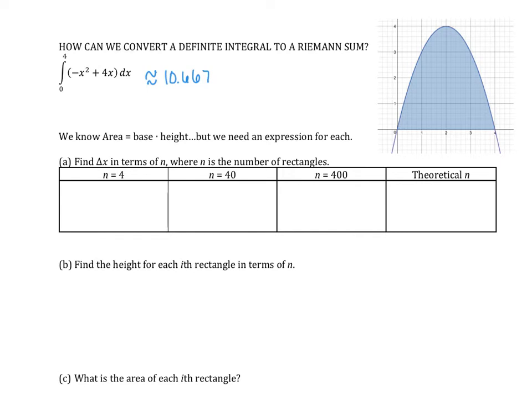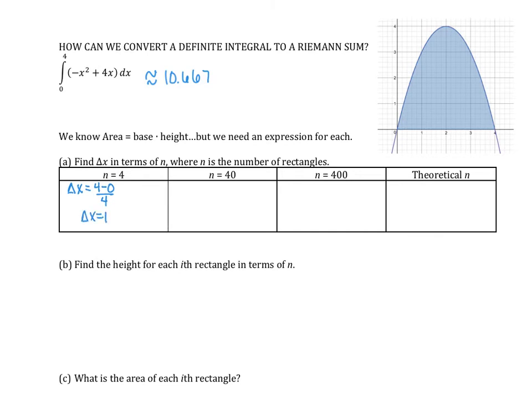Remember yesterday we said that to find our delta x, we take our ending point and our starting point and subtract them and divide by the number of rectangles. So in this instance, if we did 4 minus 0 over 4, we would divide 4 by 4 and our delta x would be 1.